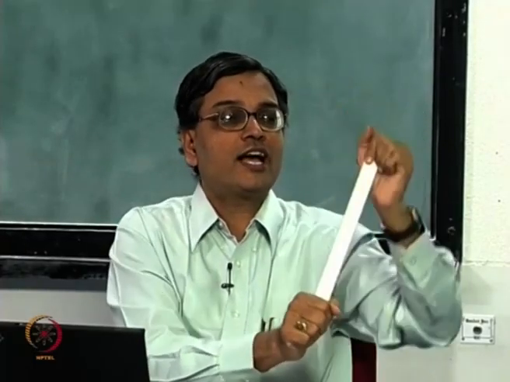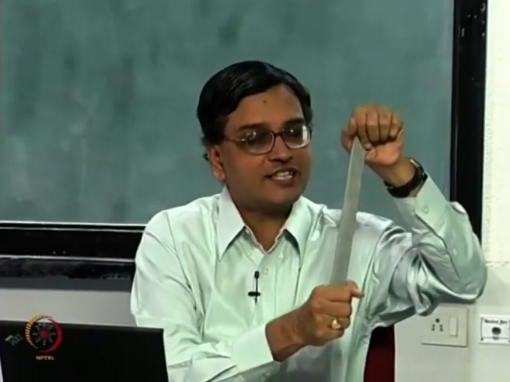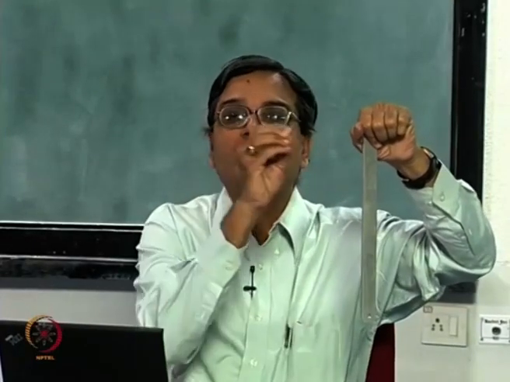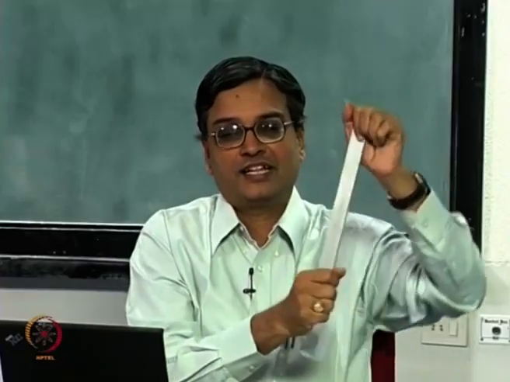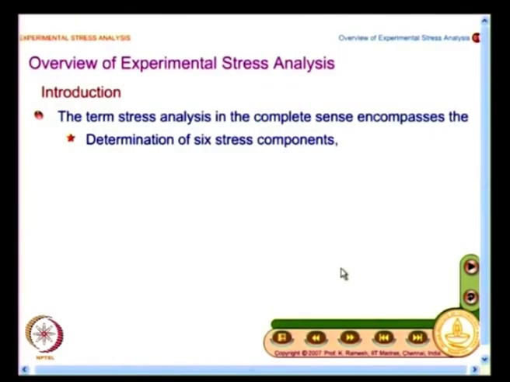But what you should change your thinking is, go back and fill in the components in the stress tensor. So, what you find is, I find one stress component, all other stress components are 0. So, that is why, because stress is a tensor of rank 2, you have 6 independent components. So, when I say stress analysis, I should know stress components.